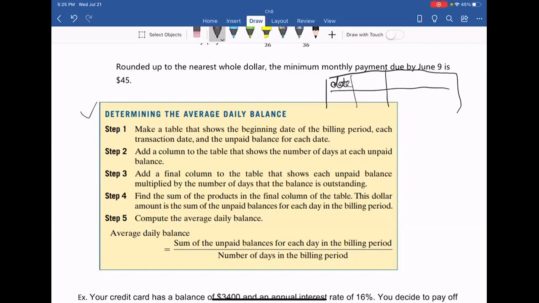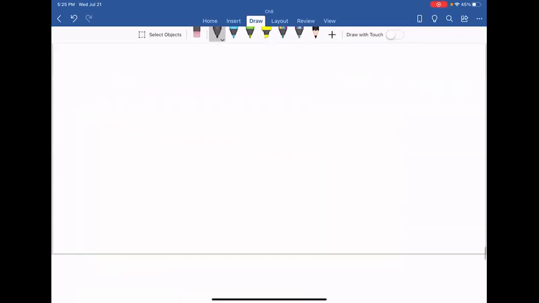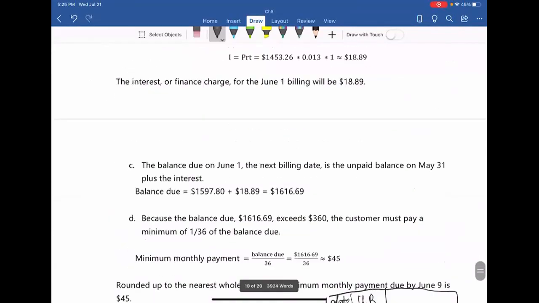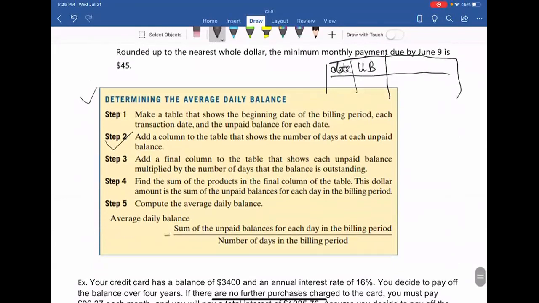Second column, that's the unpaid balance. Next step, add a column to the table that shows the number of days of each unpaid balance. Next column is the number of days of this unpaid balance.